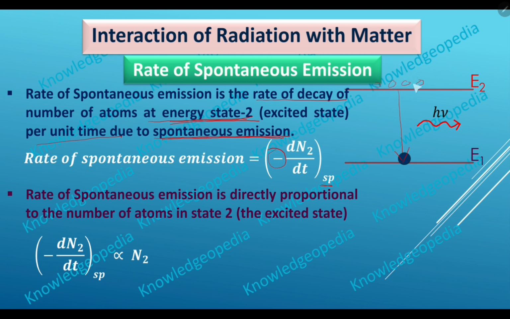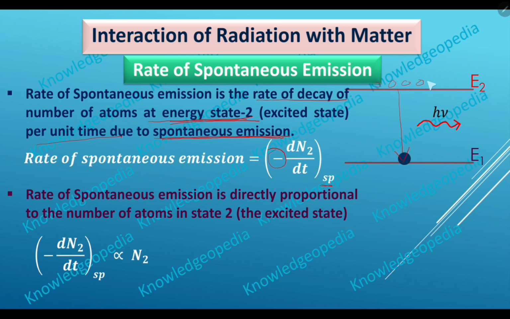Once the atom is moved to the excited state, it will remain there for the lifetime, and once that lifetime is completed, it will come down automatically to the ground state. So it does not depend on the photon density at all, only on the population at energy state 2. If more atoms are there, then per unit time more transitions will occur.